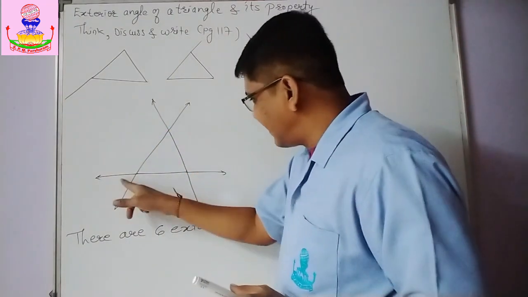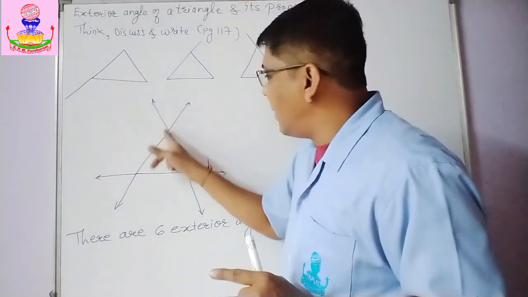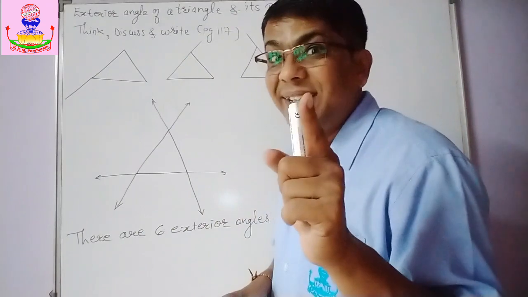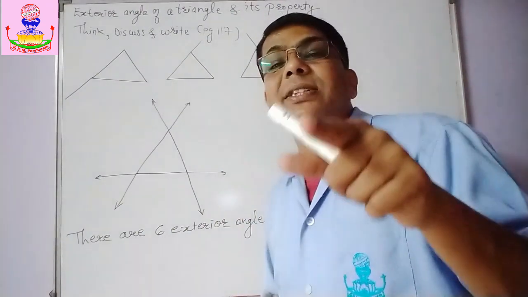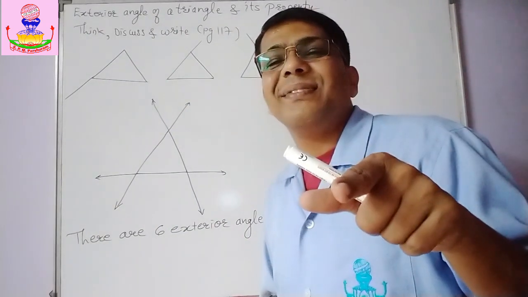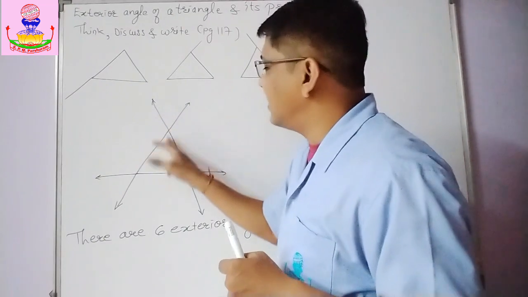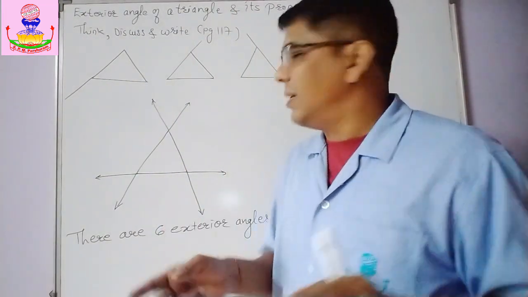Okay, then question comes, are these exterior angles this? No. Why? Because they are vertically opposite angles to the angles of a triangle. They are not in linear pair. First one they have said. Which is the exterior angle? The angle which is in linear pair with the angle of the triangle. Here this is not in linear pair, it is vertically opposite angle.